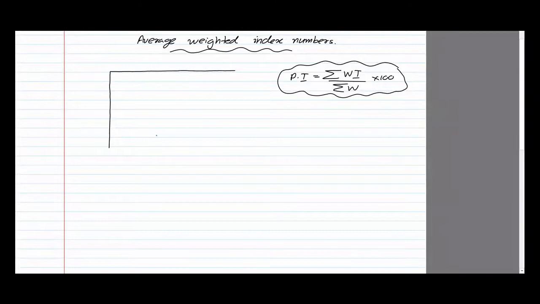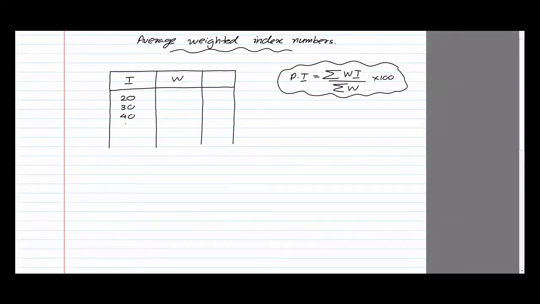It's the same way we find the mean. It's like you are given some indexes and the weights. Let's say you have 20, 30, 40, 45, things like this, and their weights 2, 3, 4, 1.